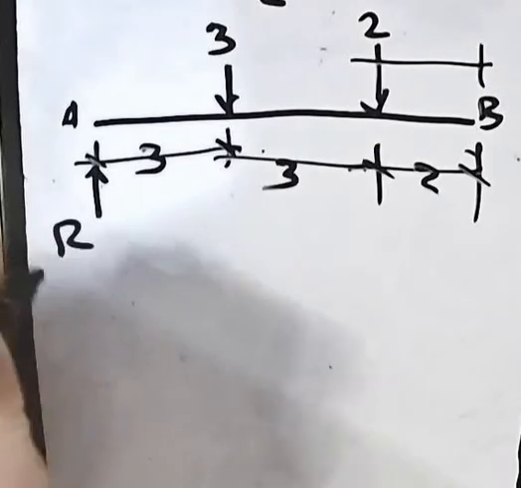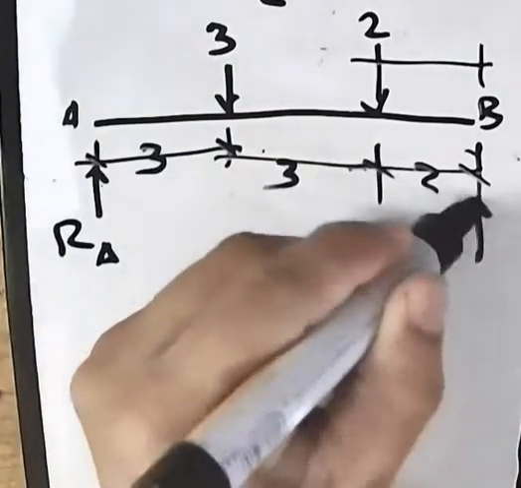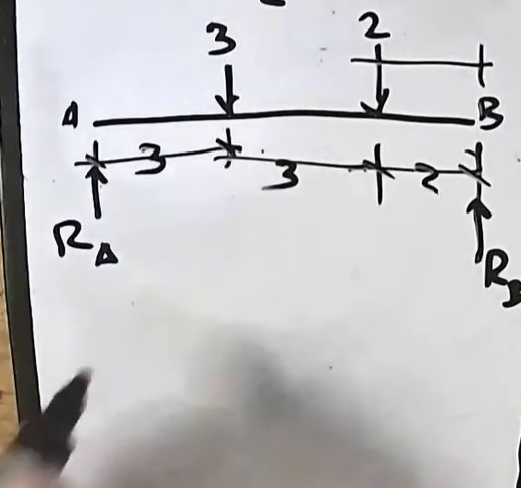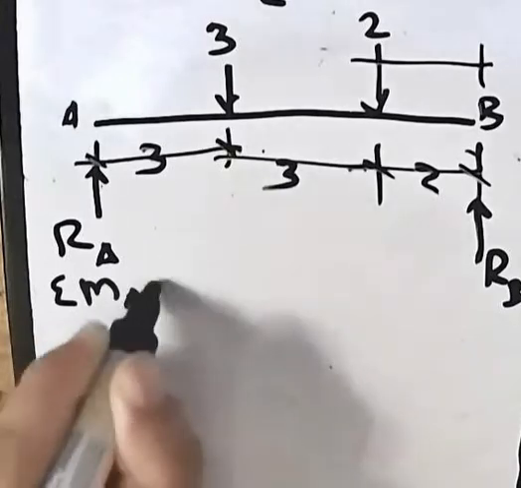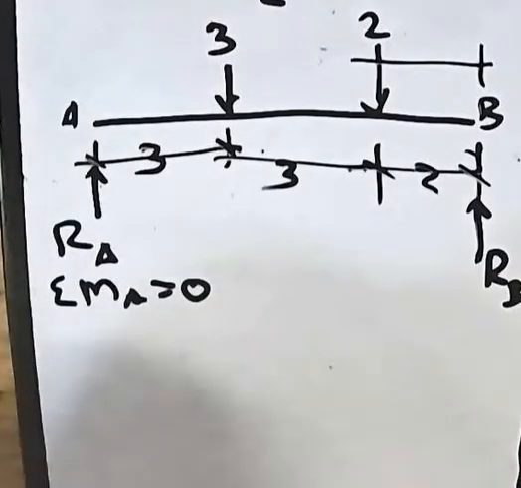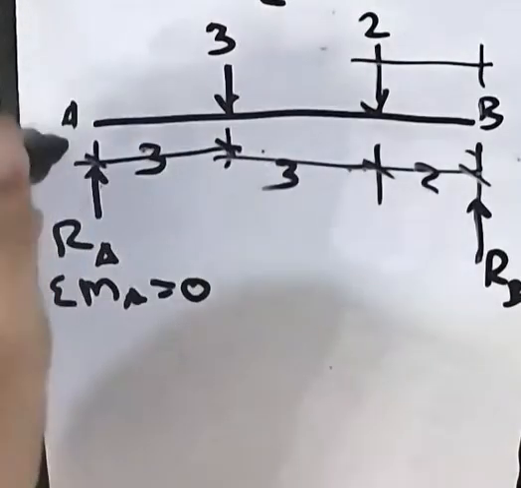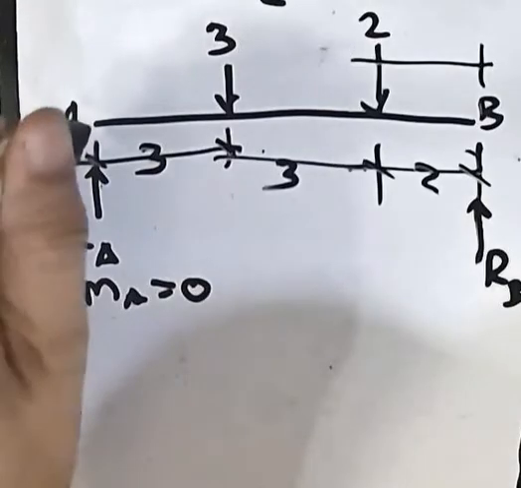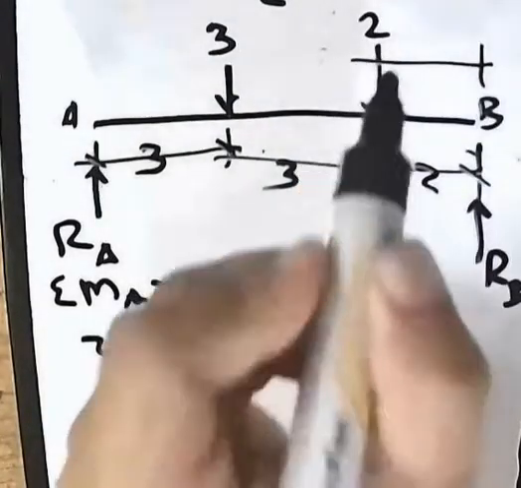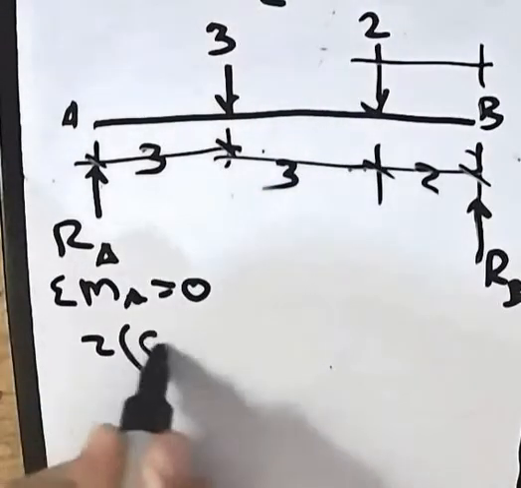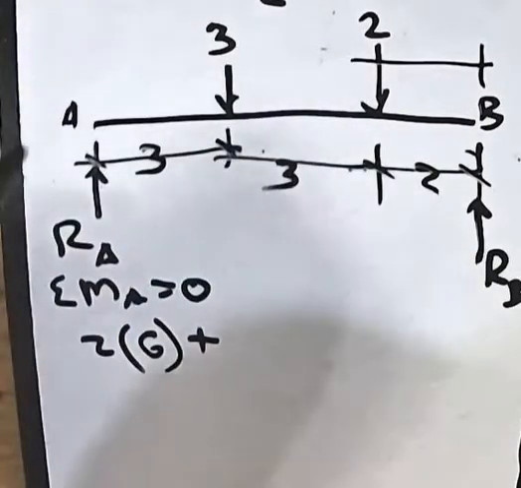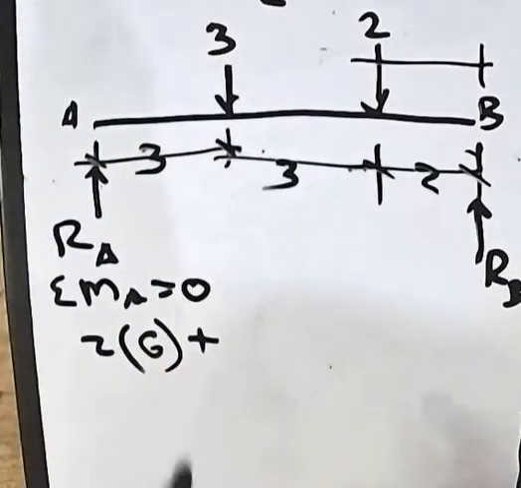So let's take this as reaction at A vertical, then reaction at B vertical. Summation of moment at A equal to 0. Taking clockwise as positive, always clockwise is positive. With the axis of rotation at A, 2, which is P1, times its lever arm of 6, plus 3, that is your P2, times its lever arm of 3.